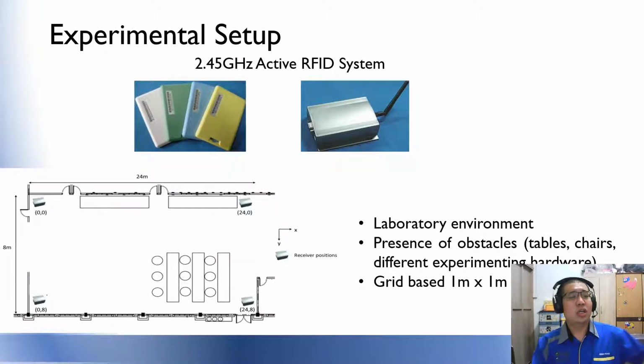This work has been carried out in one of the university laboratories with a size of 24 meters by 8 meters. We have used 2.45 GHz active RFID systems placed at different locations to collect the RSSI between the transmitter and the receiver.